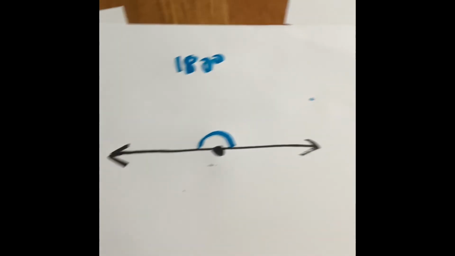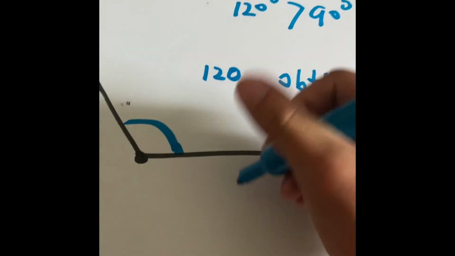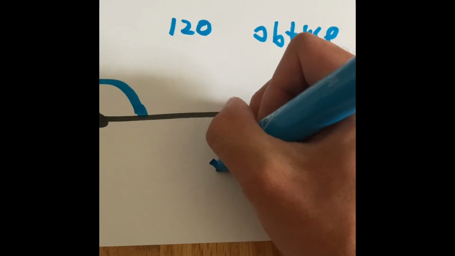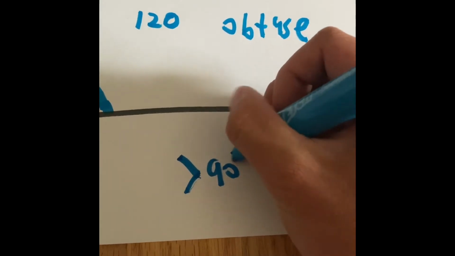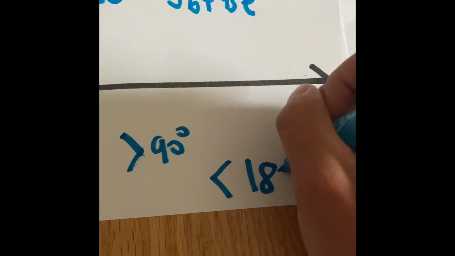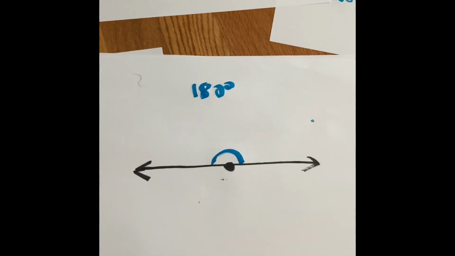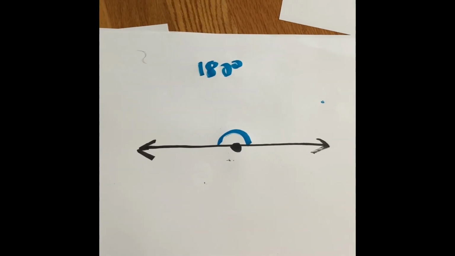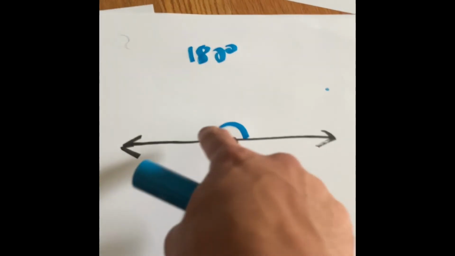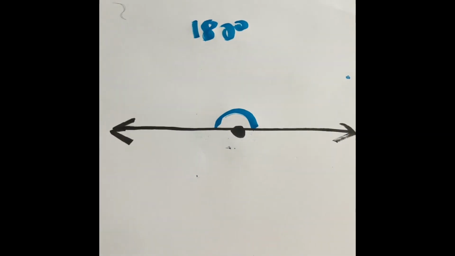They're not obtuse angles, because an obtuse angle can range from anything greater than 90 degrees, but has to be less than 180. If it's exactly 180, then it's this. So here's an example of a straight line. Lines that have two rays, two lines that have a common vertex or endpoint.